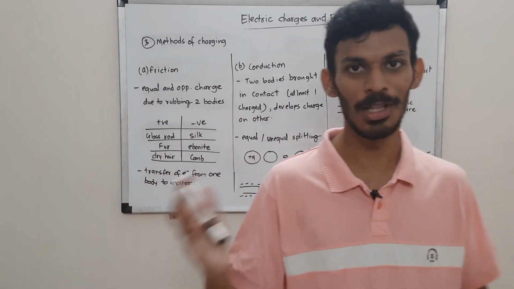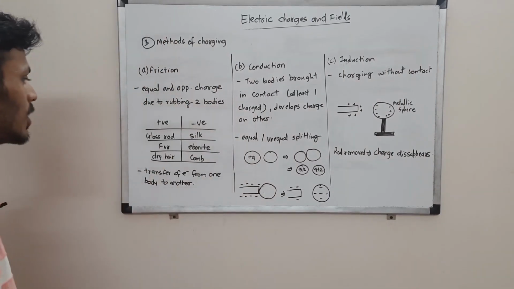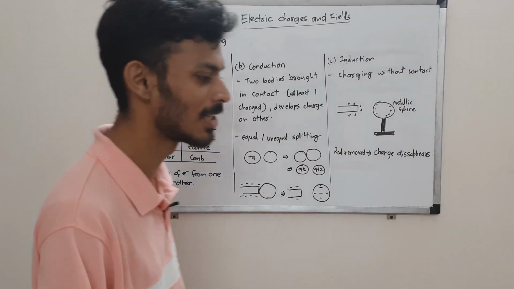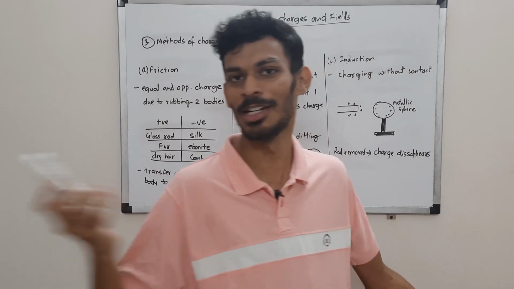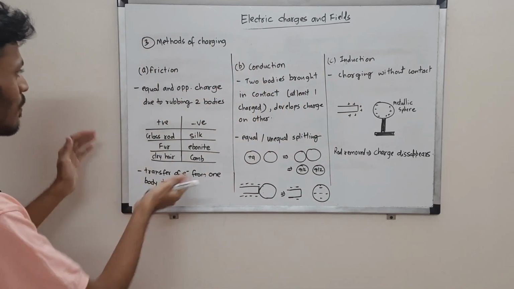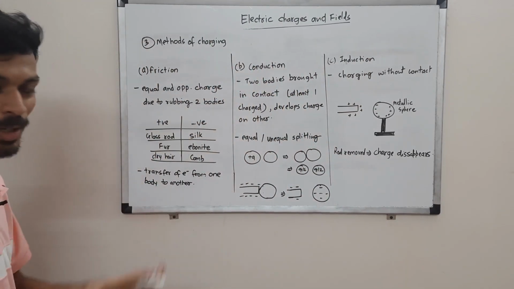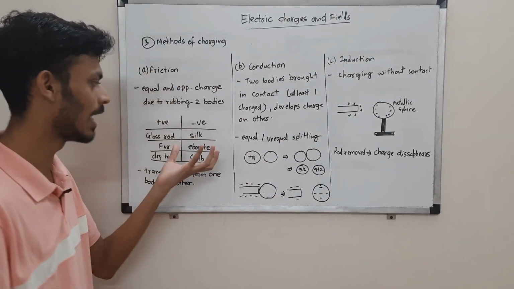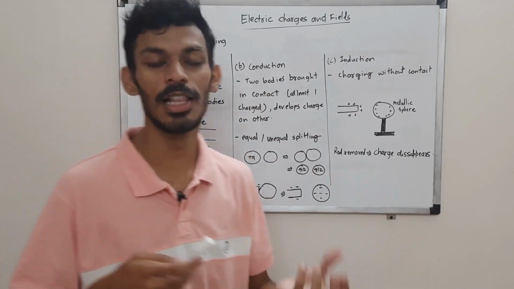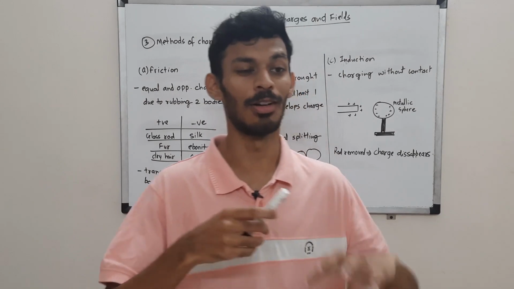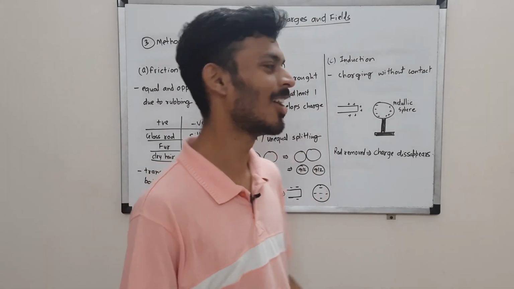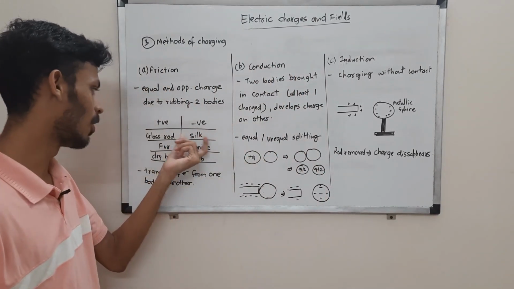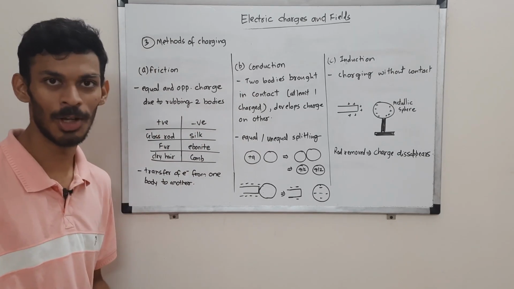This is what I familiarized you with in the first section. This happens only with a special kind of material. One special pair where you can see this happening is glass rod and silk. If you rub a silk cloth with a glass rod, negative charge will come on the silk cloth and positive on the glass rod.